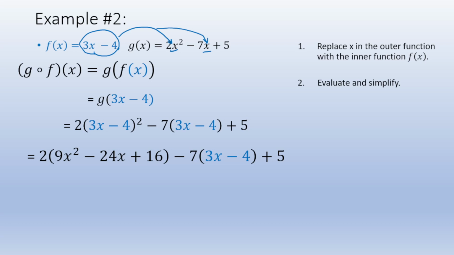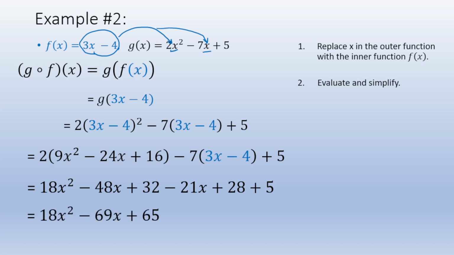We distribute the 2 to get 18x squared minus 48x plus 32. Distribute the negative 7 to get minus 21x plus 28, and then bring down the 5. Combine the like terms to get our final result of 18x squared minus 69x plus 65.